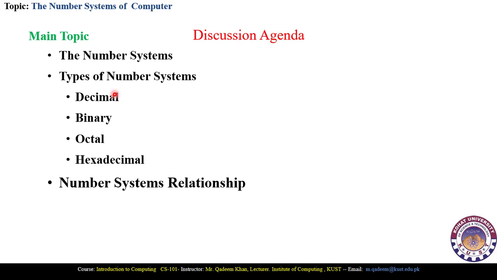But these number systems are converted into the binary number system to store the data and also to perform certain operations over that data. And at the end, we have the number systems relationships, that is, what the relations of these four different number systems are with each other. So these are some important topics that we will cover in this lecture.